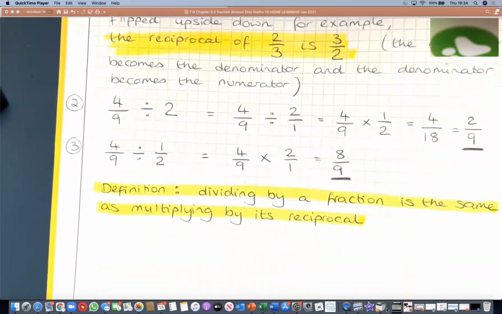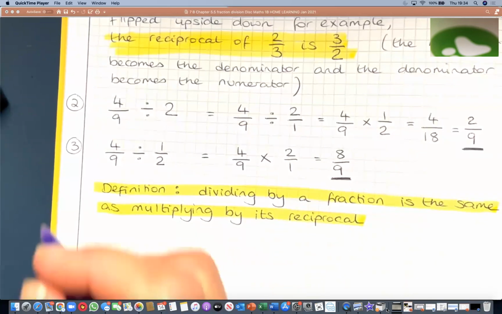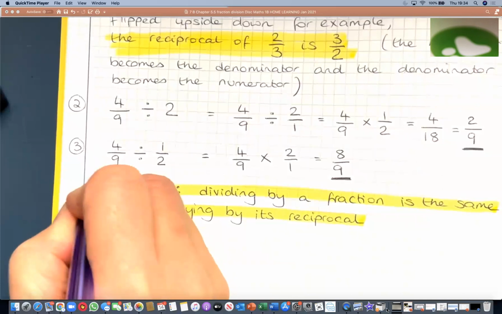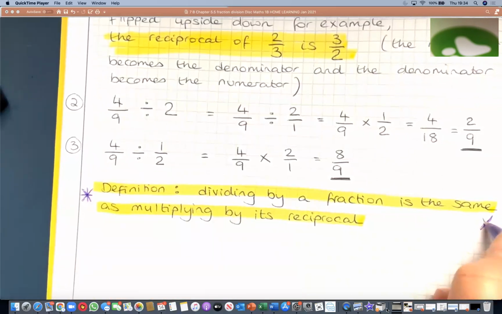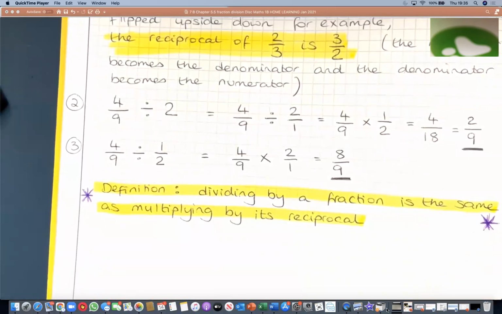Now, some of you might have learned something called keep, change, flip, or Kentucky chicken fried. Keep calm, its fractions has also been used as well. And lots of children are taught the division of fractions this way. I am going to say how it works, but I'd really like you to focus on this definition here, and then you're much less likely to make a mistake because you've got the understanding that goes with it.